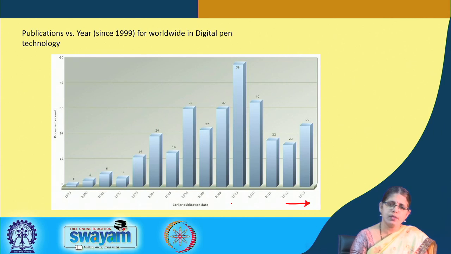So, this provides a view into how the publication number is increasing in a given year and what is the spread of the publications in the years encompassing 1999 to 2013.